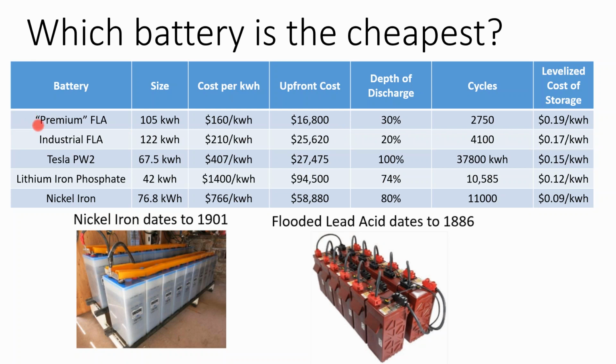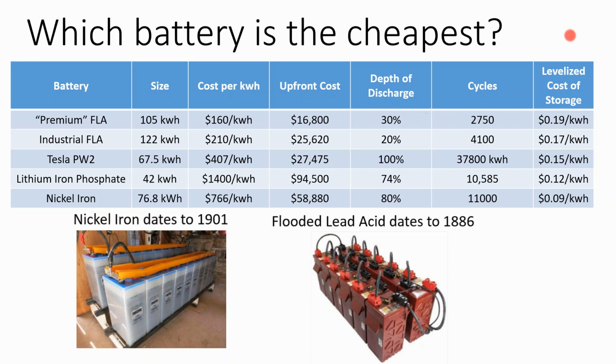But the difference, the reason why this industrial FLA battery costs $210 a kilowatt hour, whereas the premium FLA line costs $160, is that the industrial FLA line is rated for far more cycles at a 20% depth of discharge than the premium FLA battery is rated for at a 30% depth of discharge.